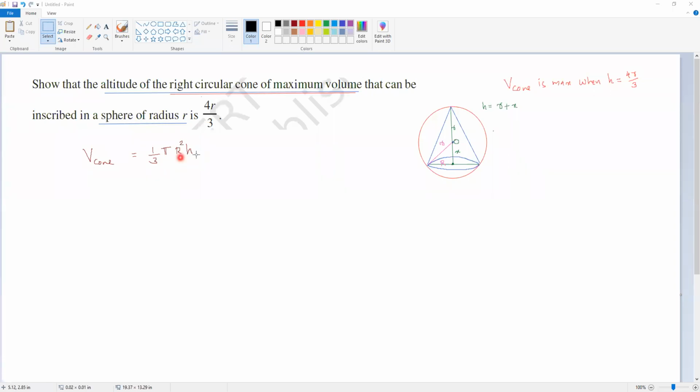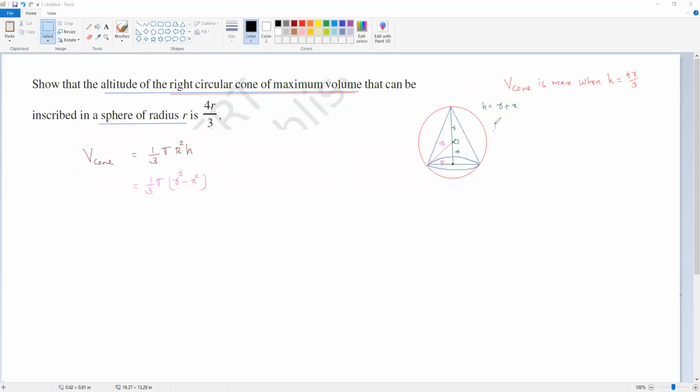Here capital R and h are both variables, so we have to convert into one variable. So it is 1/3 into pi into R square. R square can be written as small r square minus x square, because that's a right triangle.